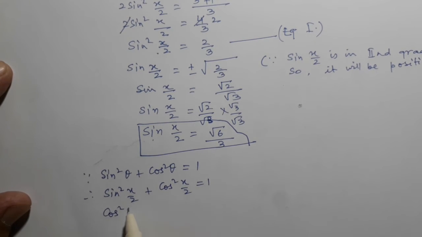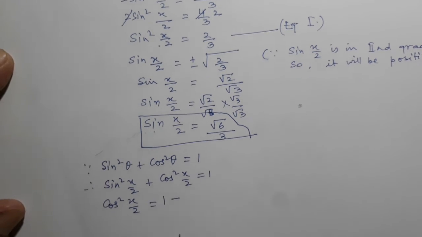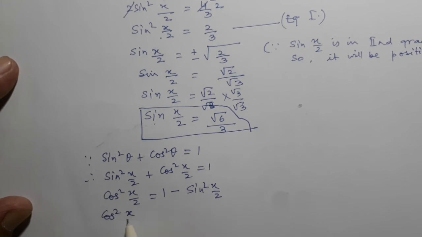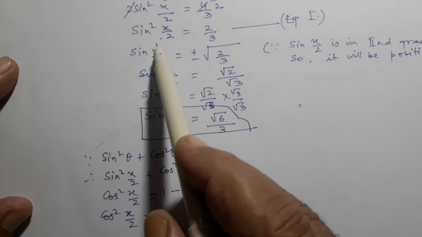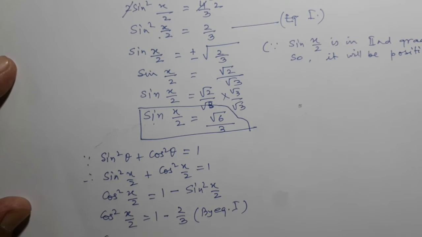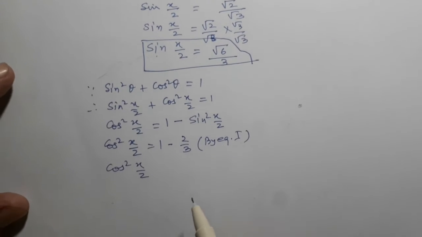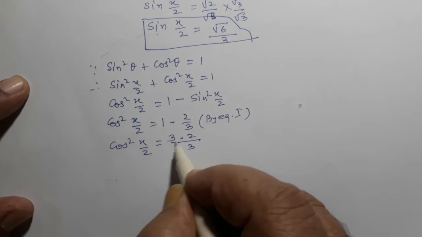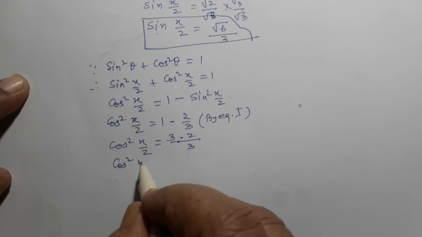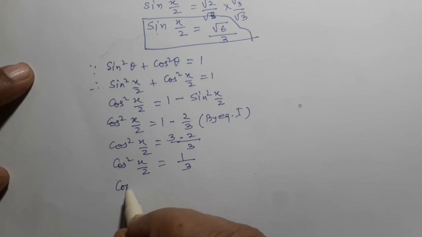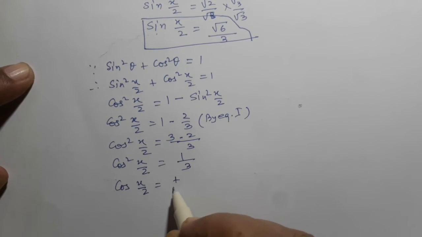So cos square x by 2 will be 1 minus sine square x by 2, which is 1 minus 2 by 3 by equation 1, right? So cos square x by 2 will be 1 by 3.